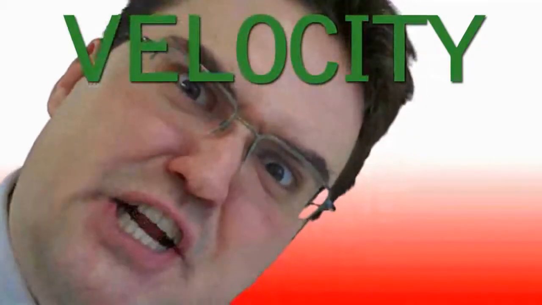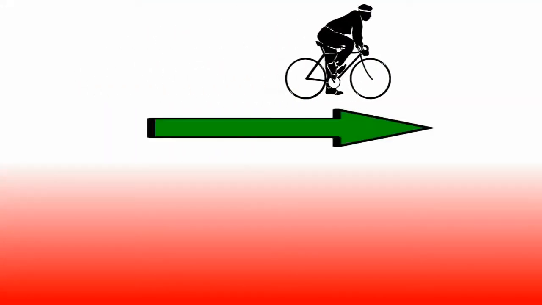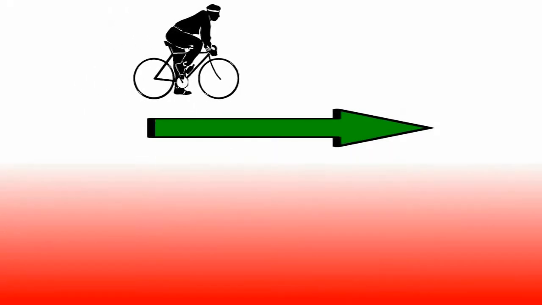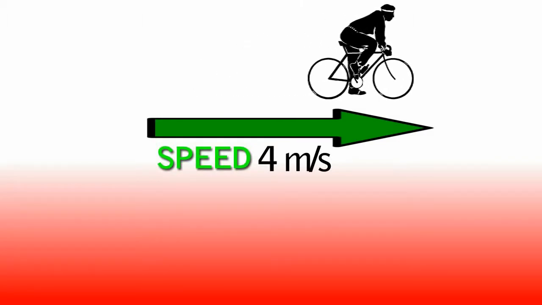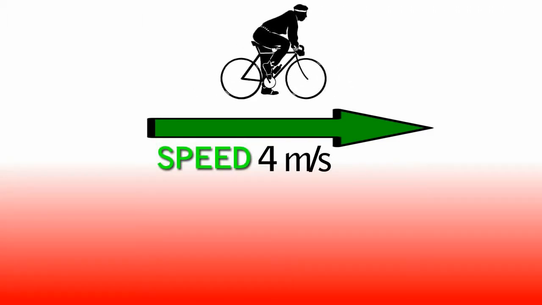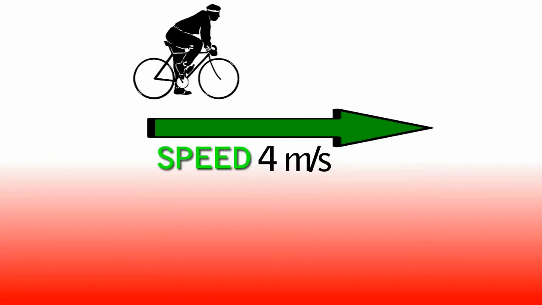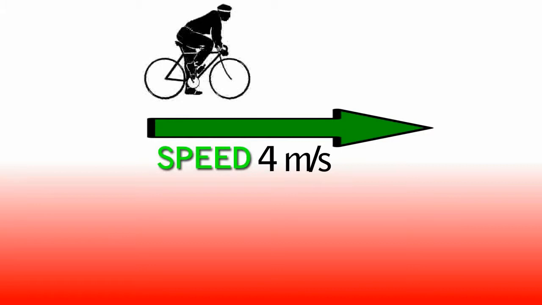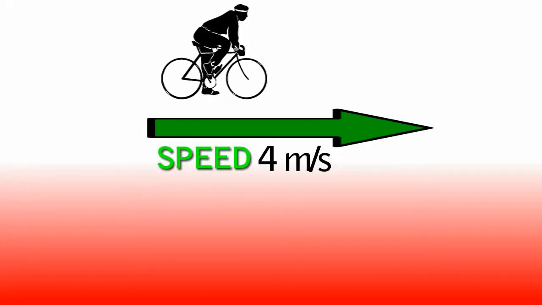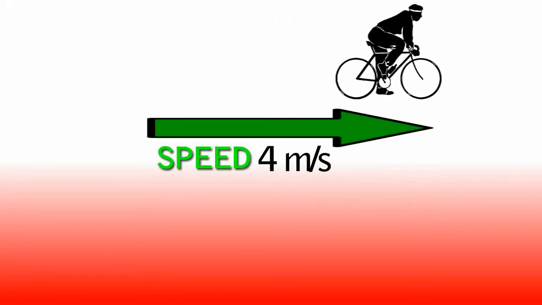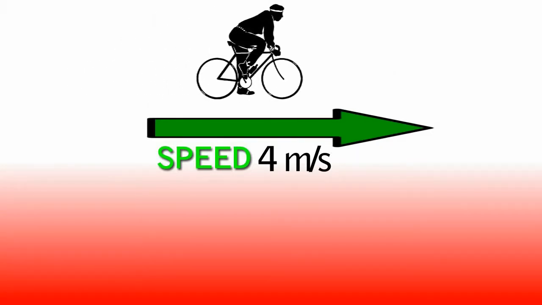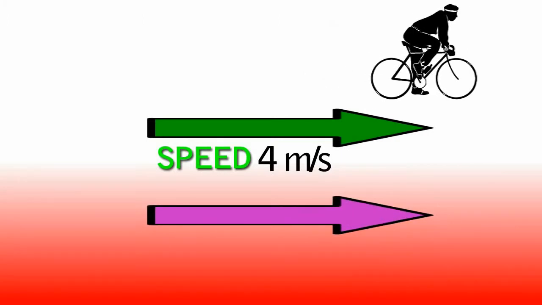But what about velocity? For example, if I have a guy who's riding on a bicycle and he's traveling at a speed of 4 meters per second, that's the speed. You could either say it was average or instantaneous, depending on whether you were doing it instantaneously or over the course of a journey. It becomes a velocity as soon as you add a vector component, or a direction.